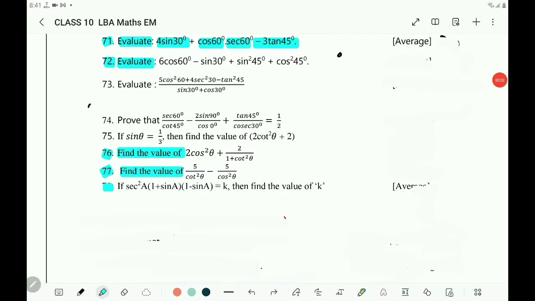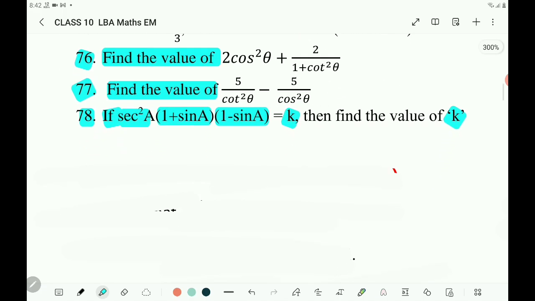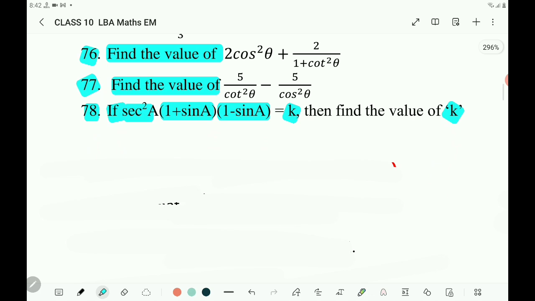Then question number 78, that is the last 2 marks question. If secant square a into 1 plus sin a into 1 minus sin a is equal to k, then find the value of k. Now you write what is given, you note down that one. What is given?